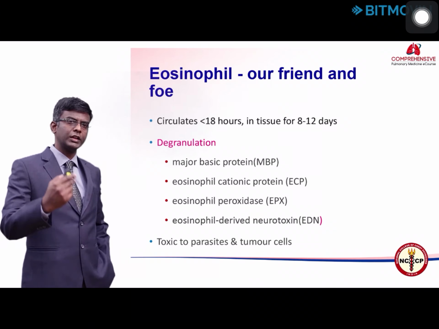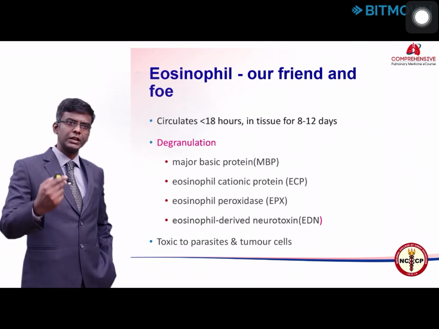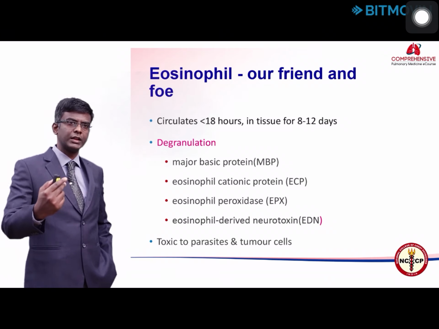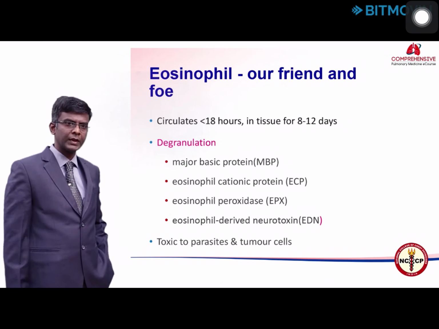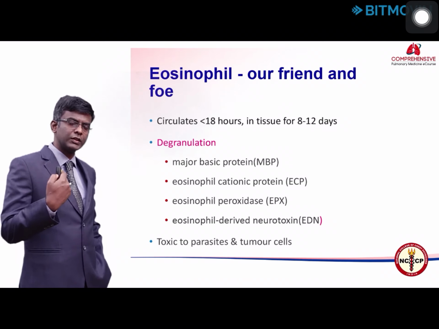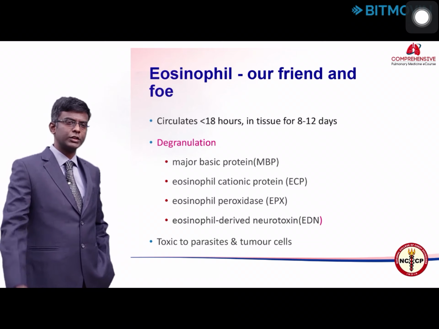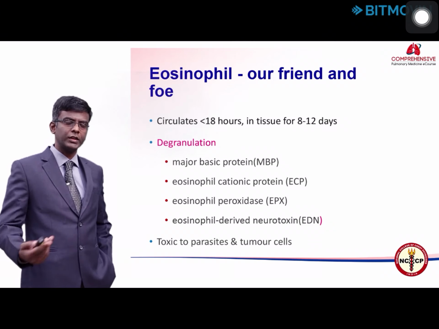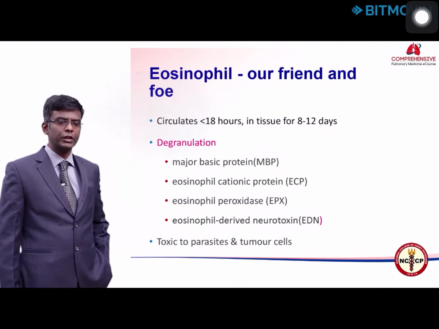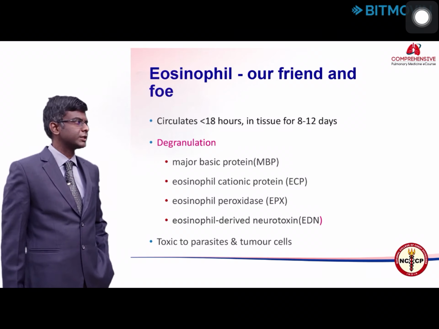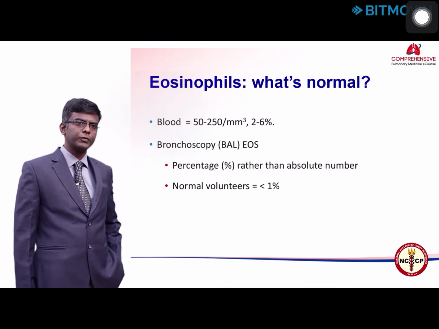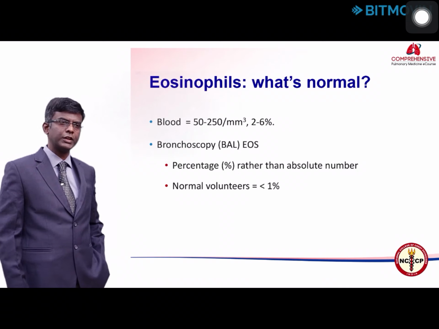So in normal health, eosinophils act against the parasites and the tumor cells. But when these cytokines are released excessively, this friend turns into a foe, and that's what causes eosinophil induced tissue damage.